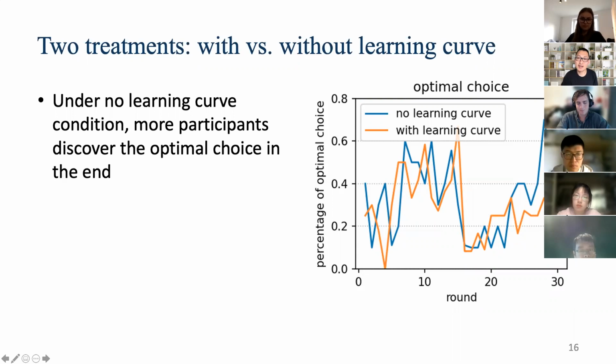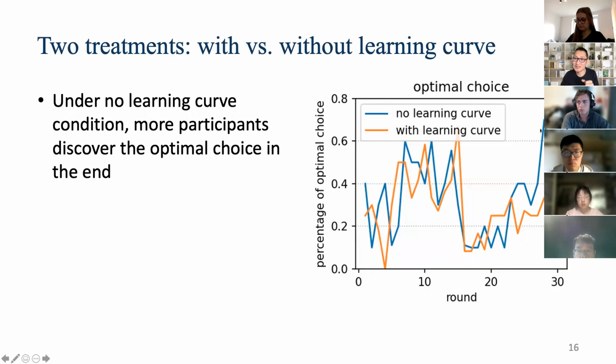As you can see here, at the start there's not a dramatic difference, but eventually you will see that participants without learning curve are more likely to discover this new best alternative, right? And of course, you have only 10 participants in each group.